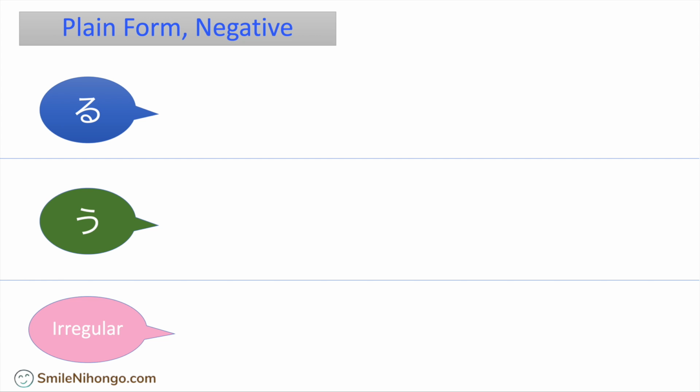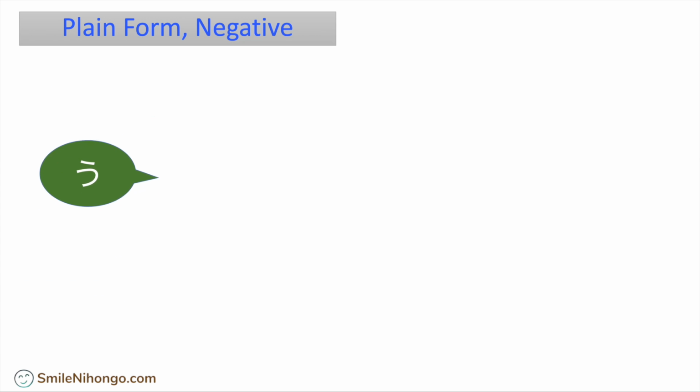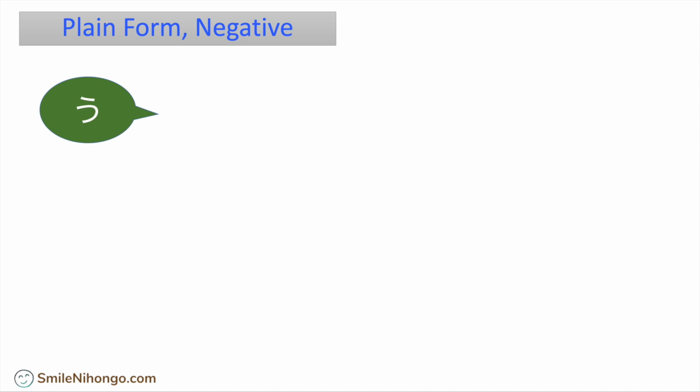Let's move on to the next group, u verb. How to conjugate plain u verbs is not as simple as ru verbs, okay? Again, I'm going to list some samples here.